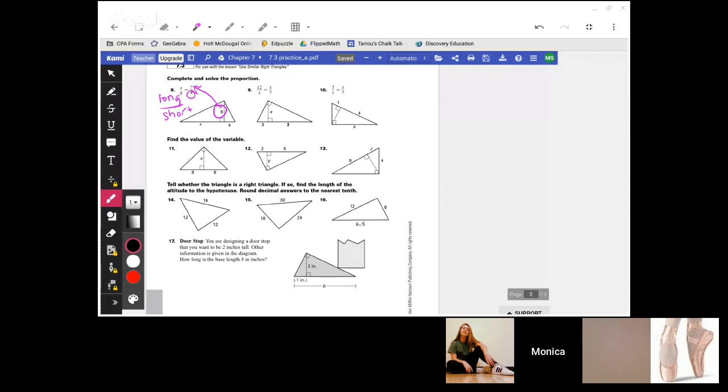So that's the largest triangle, right? What is the term for that side of the triangle? Hypotenuse. Okay, good. So we have 5 over x. What is x on the big triangle?